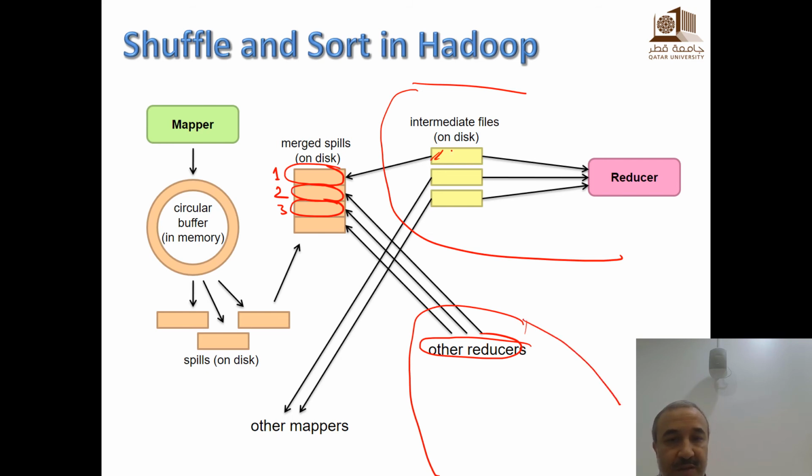So this chunk, this part, is that part. Okay? And this part that is assigned to the same reducer comes from another mapper. That's exactly why we said each reducer will get data from almost each mapper.